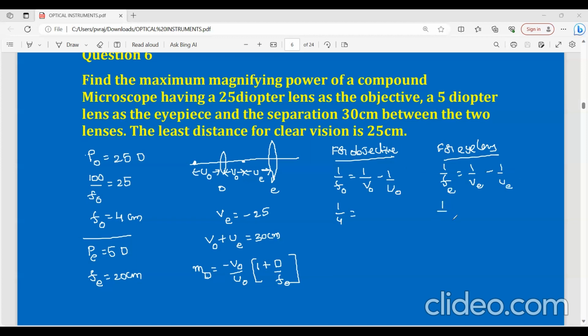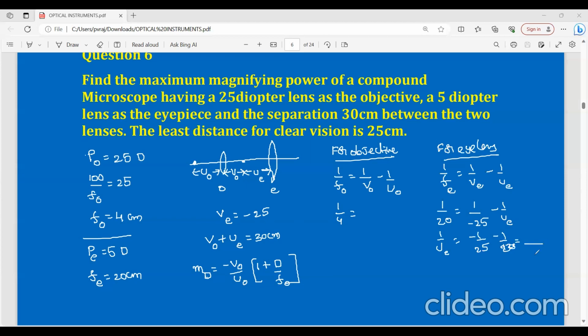What is the focal length of the eyepiece? That is 20. So 1 by 20 equal to 1 by the image distance, which is minus 25 only. Image distance for the eye lens is minus 25 centimeters. Minus 1 by UE, that we don't know. So 1 by UE equals minus 1 by 25 minus 1 by 20.